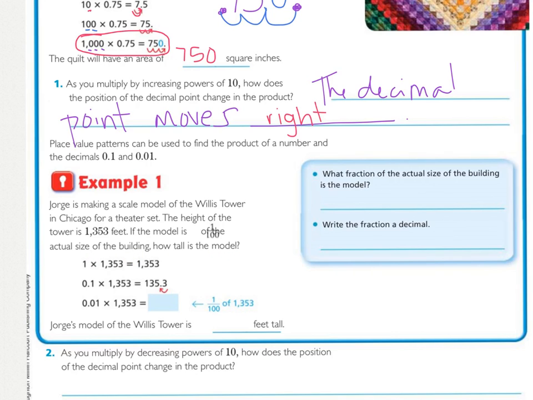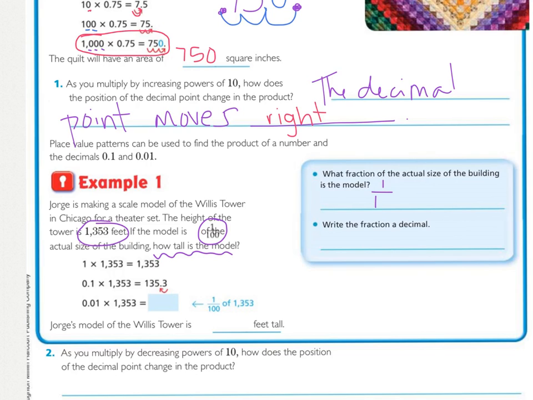Squiggle underline what you're being asked to find, circle the important numbers, and underline any keywords. You should have squiggle underlined how tall is the model, and then circled 1/100th and 1,353 feet. Now, in our blue box over here, what fraction of the actual building size is the model?